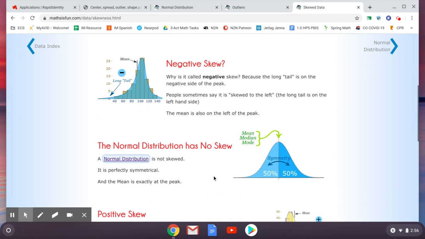Again, that normal distribution has symmetry, and 50% of the data is on one side of the mean, 50% of the data is on the other side. So that's that normal distribution. It's not skewed, it's perfectly symmetrical, and the mean is exactly up here at the peak.